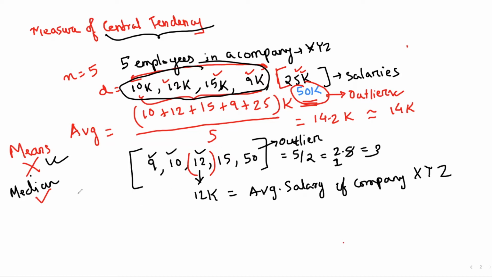There may be other scenarios also where median will not be able to help you. There may be, right? But in this case, it does. It solves the purpose. Now, if someone tells you 12K is the salary, we'll get an idea, okay, this 12 is lying in between these particular values. So more or less a correct prediction.